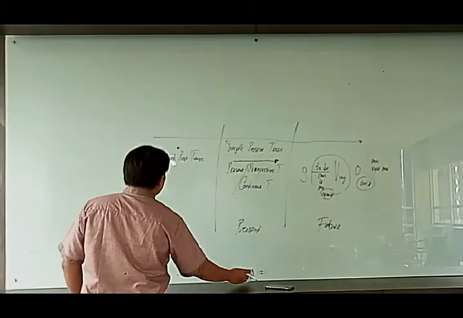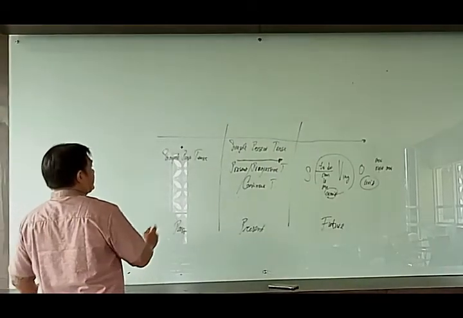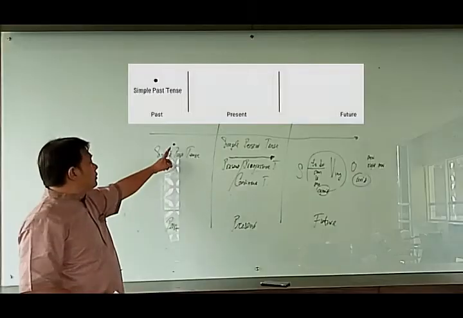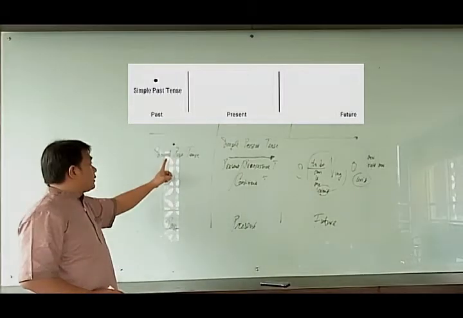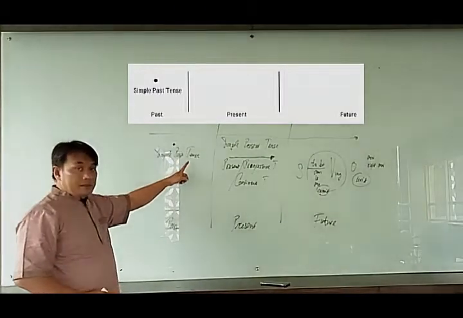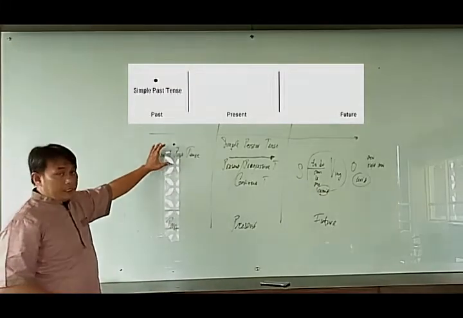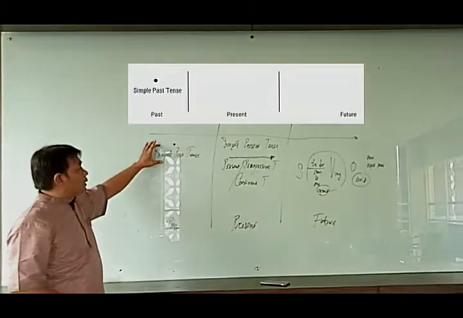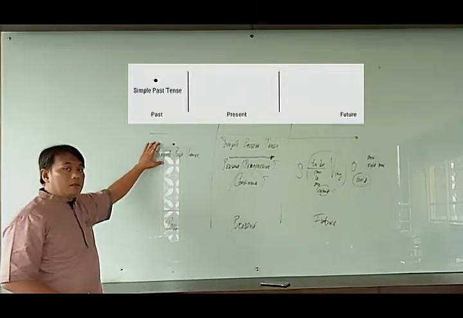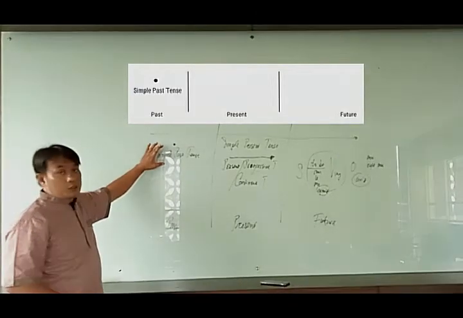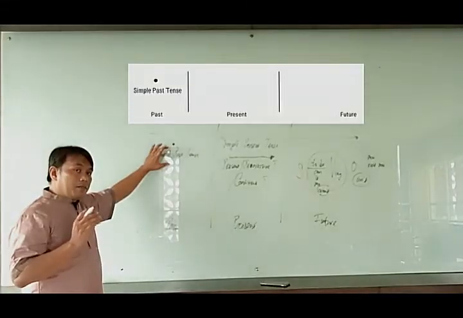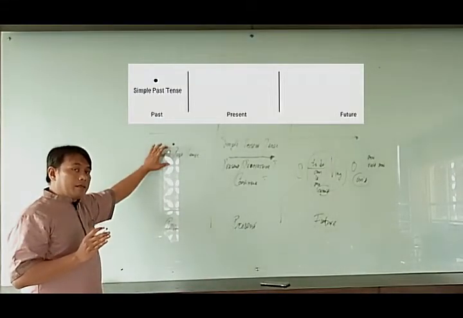Now we go on to simple past tense. I draw a full stop for the simple past tense. It means that the time scale for simple past tense looks like a full stop. It's a particular time in the past.